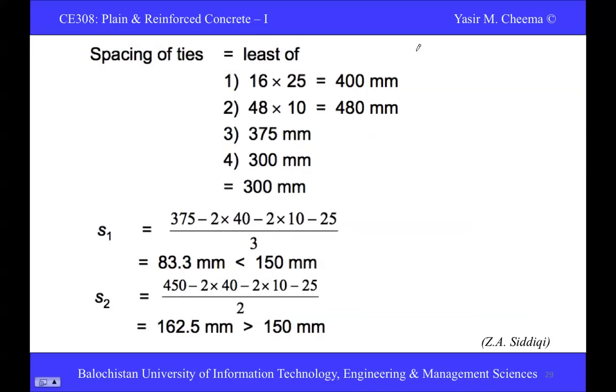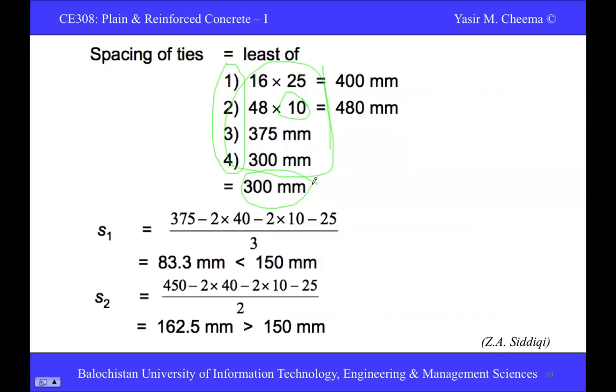As previously discussed, for the spacing of ties, these are the four options: either 16 times the diameter of the main reinforcement bar, 48 times the diameter of the tie bar, or 375 mm or 300 mm. So the minimum of these four would be the spacing between two ties. So that comes to be 300 mm. So here we find the spacing.